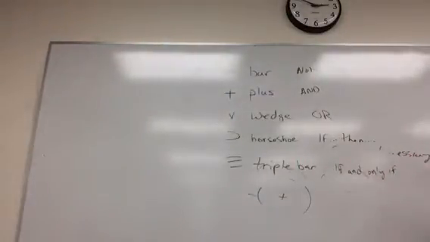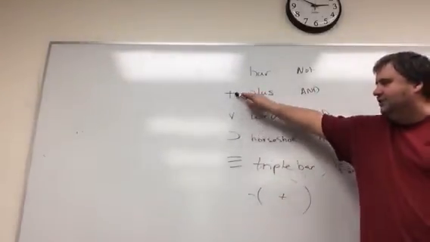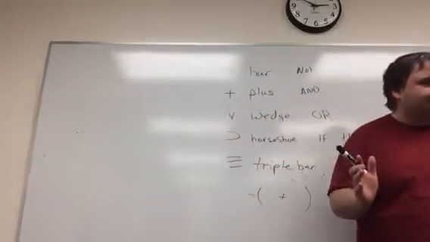Basically, the rule is that anytime you have two letters, a bar can go in front of any letter, and it makes it one statement. But anytime you have two statements together, like two letters, you need some sort of symbol like horseshoe, triple bar, wedge, or plus to explain the relationship.